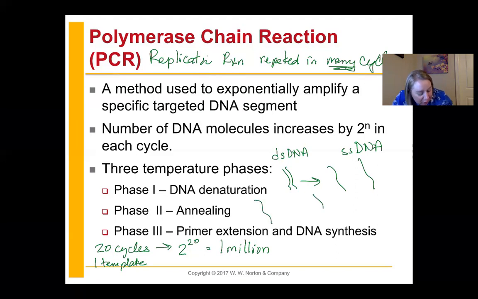I have my single-stranded DNA and I want to anneal a primer to it. And then in phase 3, I want to extend from the primer and make a complete copy of those DNA molecules. So those are my 3 phases.